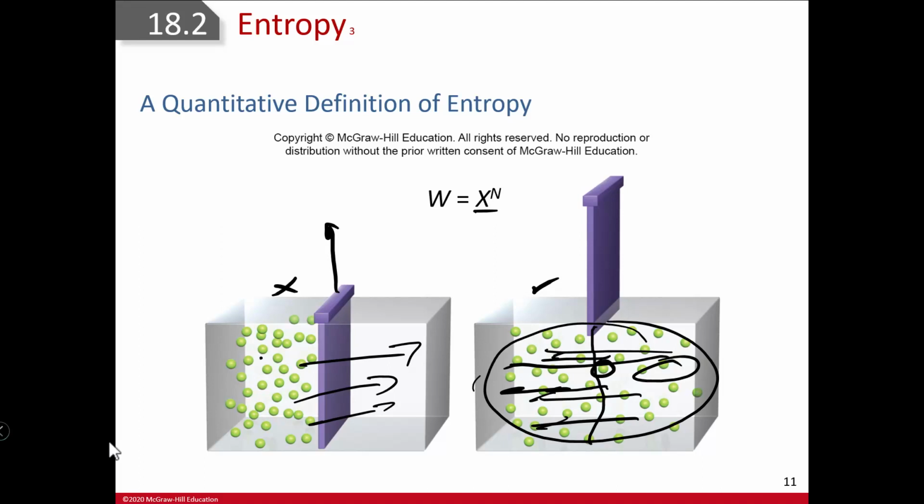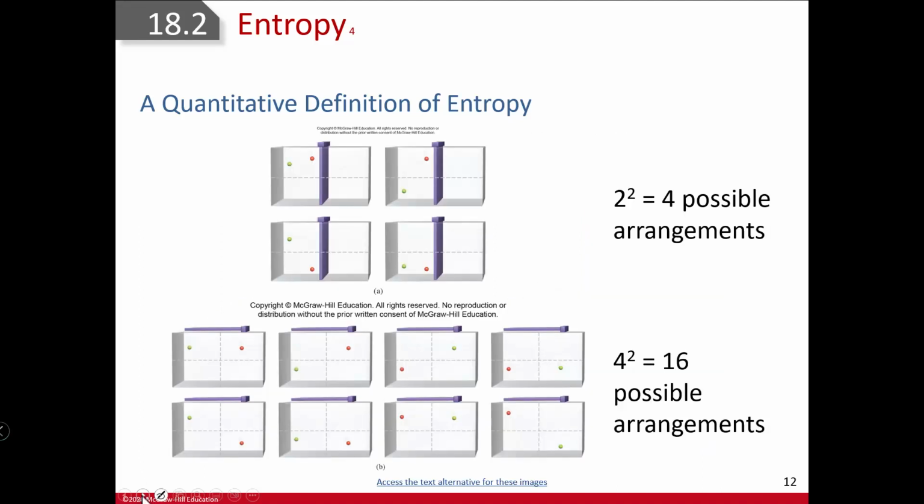So this next slide, I hope, really makes this clear. So let's look at it. You got two particles. In the first arrangement, you have two particles, and here are the possible arrangements. It's two particles and two spaces, and here are my four possible arrangements.